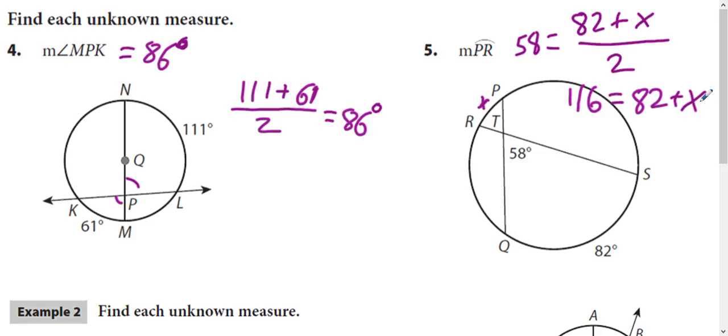Subtract the 82. You get 34. So that arc there is 34 degrees, because 34 plus 82 is 116. 116 divided by 2 gets us the angle 58.